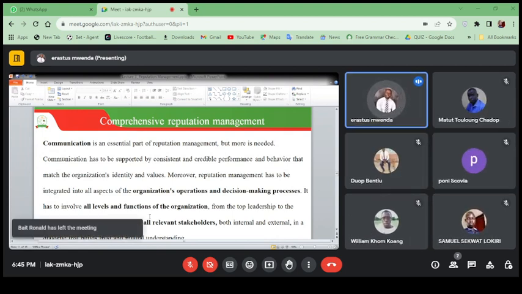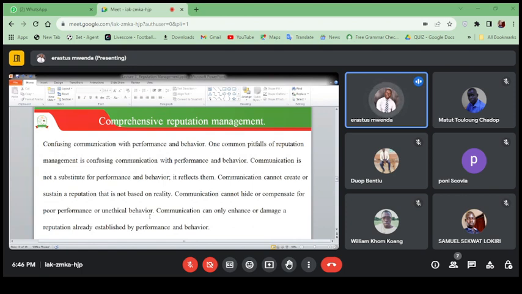So to ensure comprehensive reputation management, we need to ensure that we have high quality patient care. We could also make patient satisfaction a priority. We could also have open and transparent communication, and a strong and consistent visual identity. And we can do all these also through community outreaches and engagements.